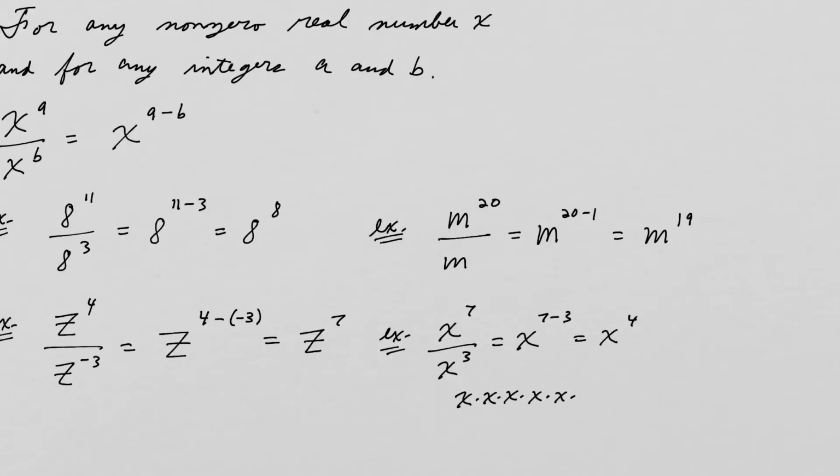And then x to the 3rd is x multiplied by itself 3 times. But look what could happen, I can cancel 3 of these, they're just equal to 1, x over x, x over x, x over x. And I'm left with just x to the 4th in the numerator. But the rule that will get you that correct answer is you subtract the exponents.